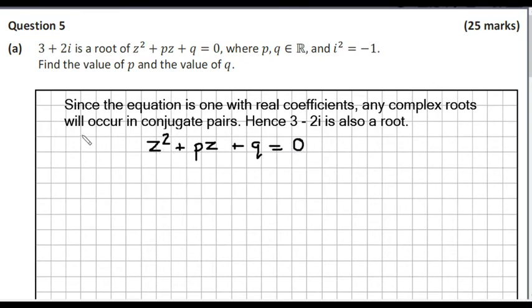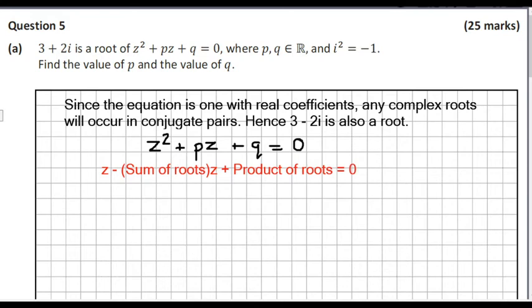So we can say that it's written in the following form: z squared minus the sum of the roots times z plus the product of the roots is equal to 0.